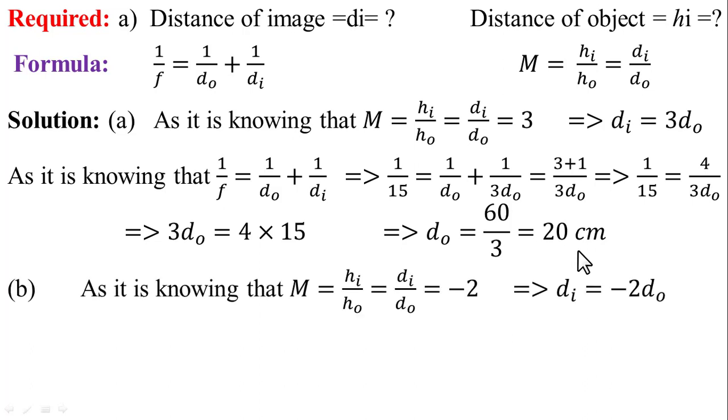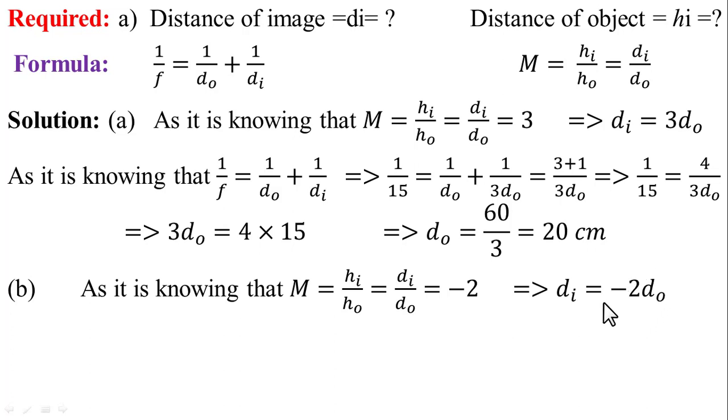Now we will find B part using the same formula. As we know, magnification is equal to height of image divided by height of object, that is equal to di over d naught is equal to minus 2. Here di is equal to minus 2d naught.